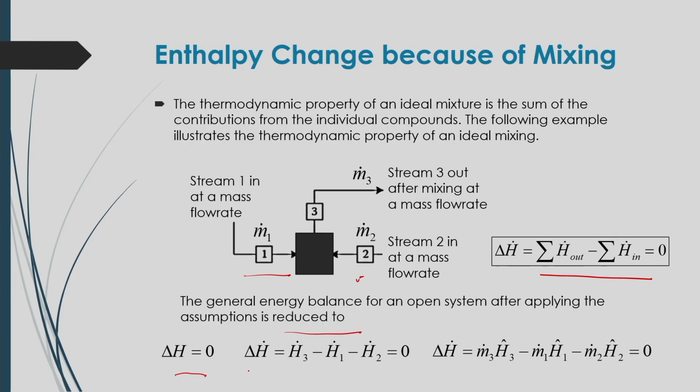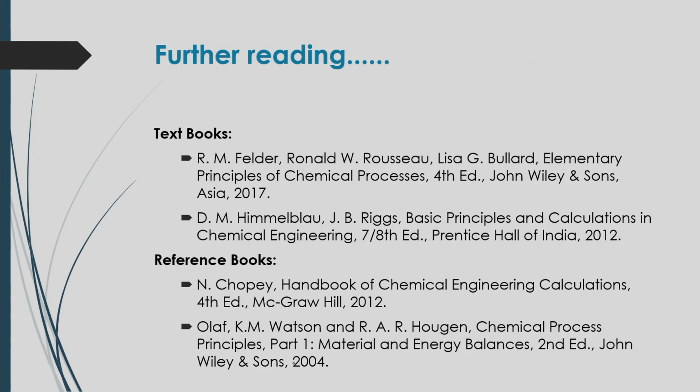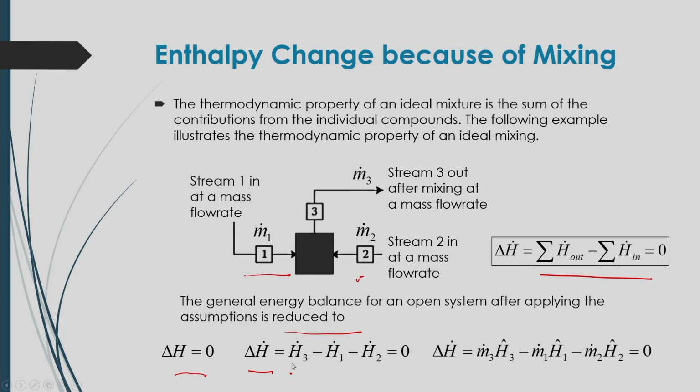So, delta H will be equal to H3 minus H1 minus H2. H3 is the outlet stream, and H1 and H2 are the inlet streams there. So, according to the enthalpy of those streams, we can simply write delta H equals H3 minus H1 minus H2, which equals 0.